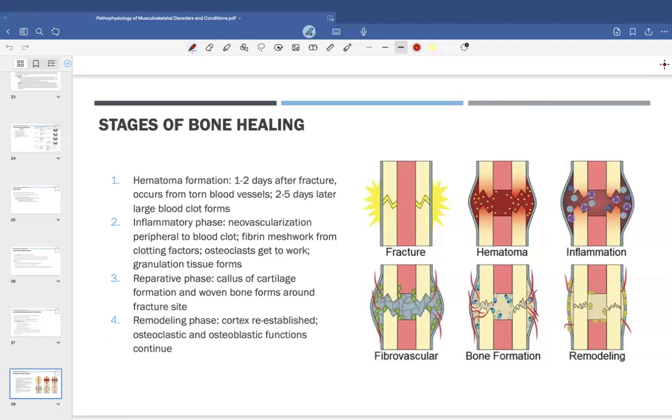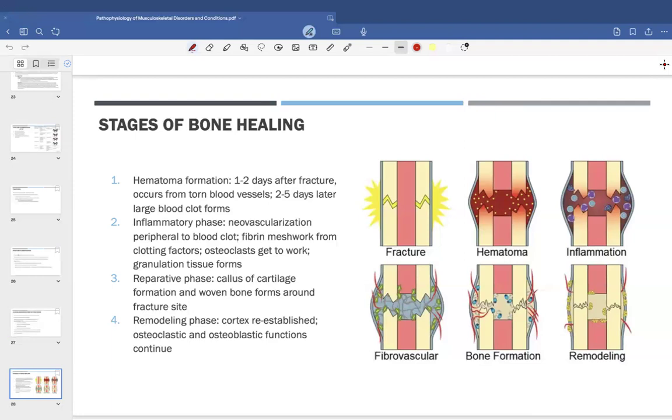You are going to have macrophages, monocytes, white cells that are going to come into the area to start helping with the inflammatory response and cleaning up the debris. They will release VEGF, which will create neovascularization.